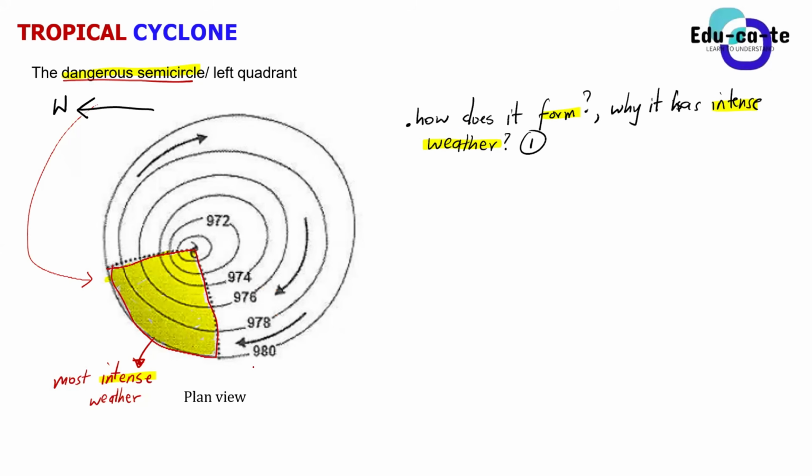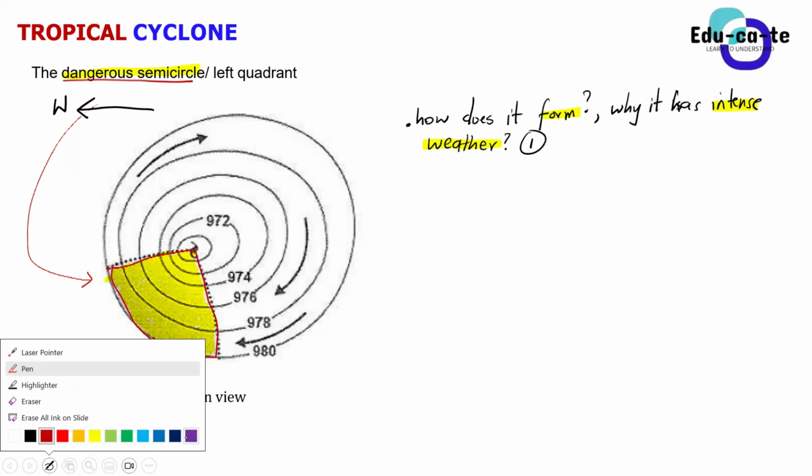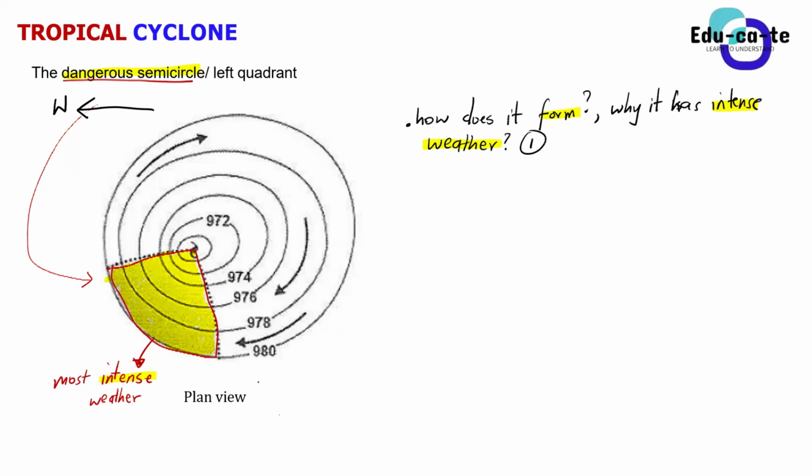Yes, it is the tropical easterlies. So basically, the tropical easterlies are winds that are directed in this way, that are found between the 0 and the 30 degrees line of latitude. We said last time the tropical easterlies are the ones that actually push this tropical cyclone to move towards the west.